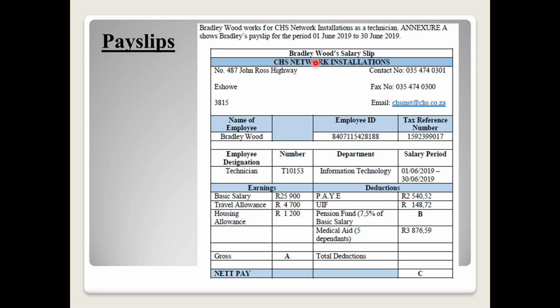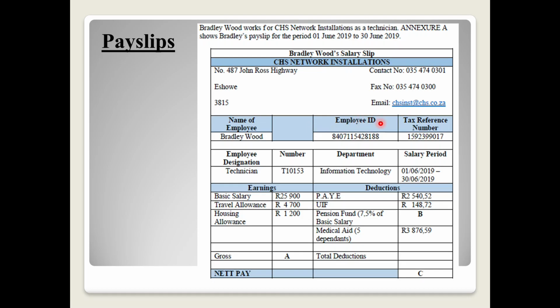It is Bradley Wood's payslip, with the address, the contact number, and the employee, Bradley Wood. Sometimes, grade 12s, this salary slip is linked to the tax question, and they will not tell you how old Bradley Wood is.